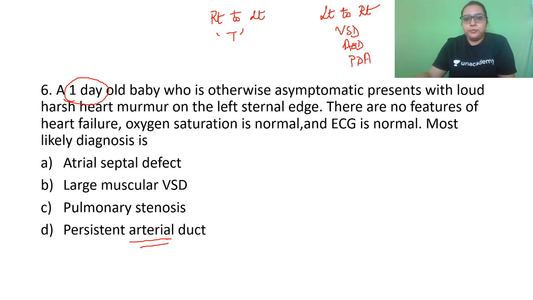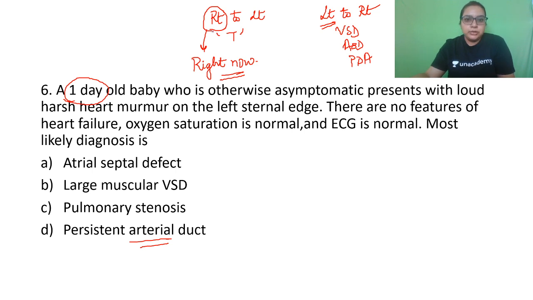Correct. The right to left shunts, they present right now. So at the time of birth, right away they will present with a murmur, they will present with cyanosis like that. Whereas left to right shunt becomes late, they will present late. L left, L for later, late.